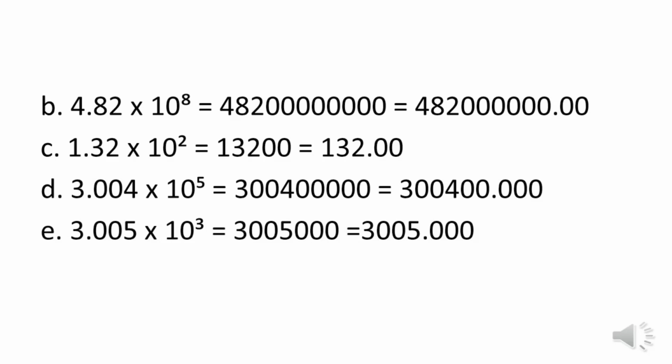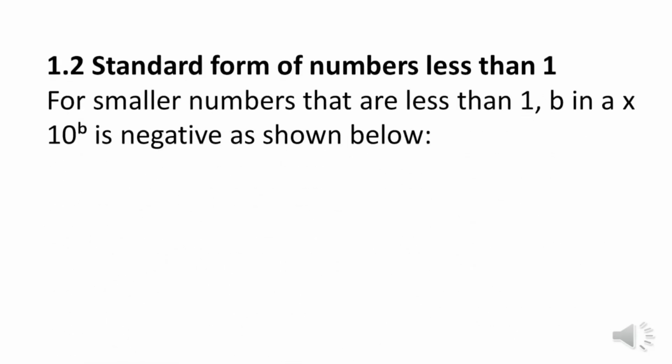D. 3.004 times 10 raised to power 5 equals 300,400.000 equals 300,400. E. 3.005 times 10 raised to power 3 equals 3005.000 equals 3005. Now we treat the standard form of numbers less than 1.